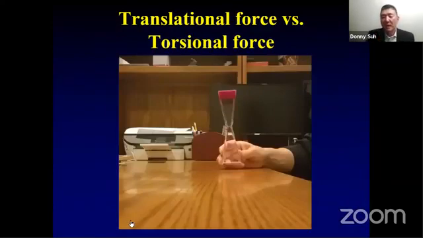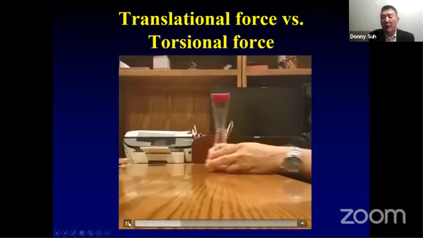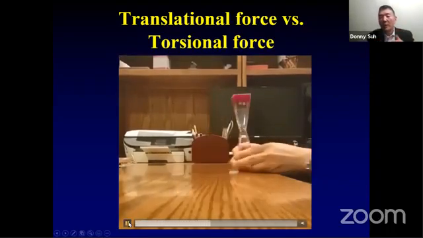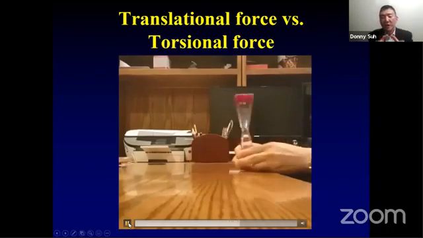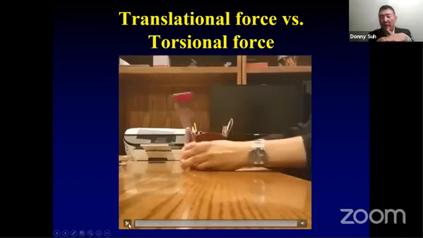But it is not a simple translational, shearing force. Here's an hourglass with oil on top and water on the bottom. As you can see, when you shake this hourglass tangential to the interface, the interface is not going to be disrupted. But as I've told you, the intraretinal hemorrhage involves the entire retina.